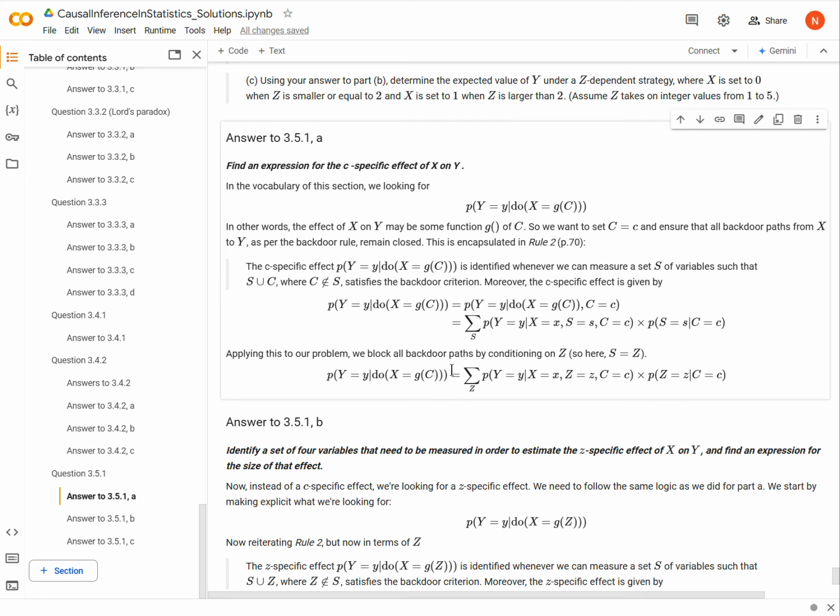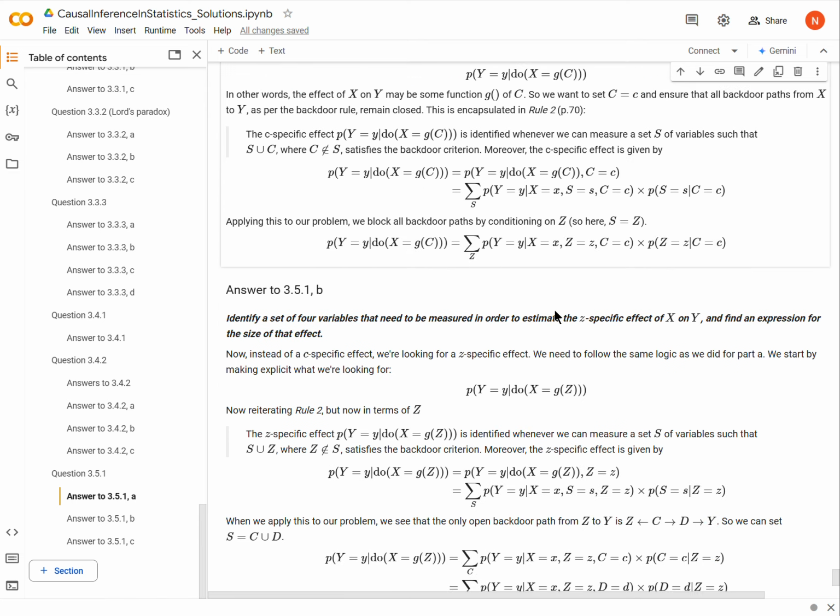So again, what is this expression saying? It is saying that when C takes on a particular value, what is the estimated effect of X on Y? So you probably don't want to lose track of what's being said with that expression.